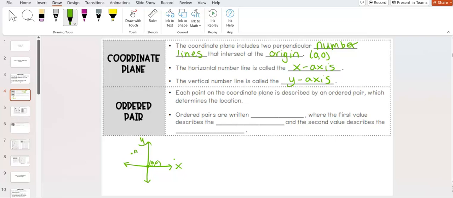Ordered pairs are written (x, y), like this, where the first value describes the x coordinate, and the second value describes the y coordinate. It just means the first value describes where it is on x, and the second value describes where it is on y.